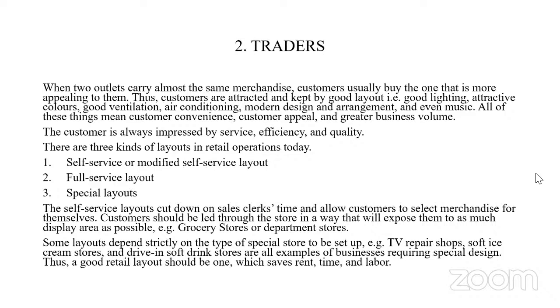Some layout depends strictly on the type of special store to be set up. For example, TV repair shop, soft ice cream stores, and drive-in soft drink stores are all examples of businesses requiring special design. Thus, a good retail layout should be one which saves rent, time, and labor.